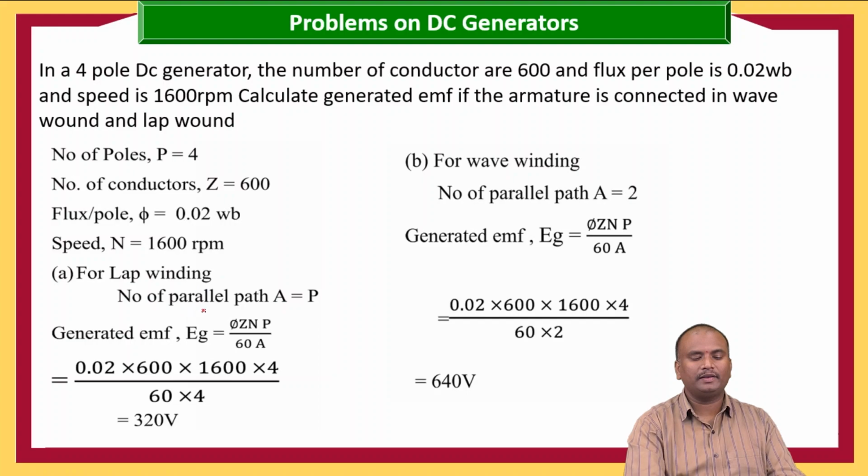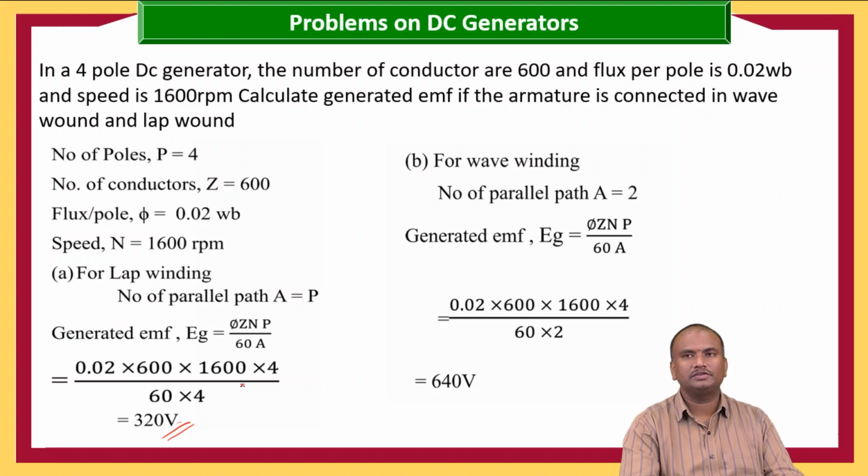For lap winding, the number of parallel paths is equal to the number of poles, and the generated EMF Eg is equal to phi ZNP by 60A, which is equal to 0.02 into 600 into 1600 into 4 by 60 into 4, which is equal to 320 volts.